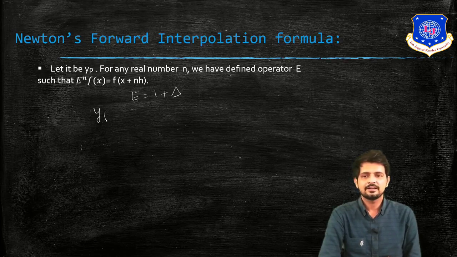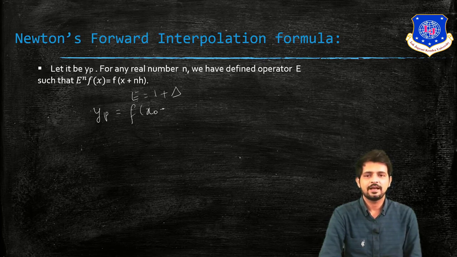See, we are interested in finding the value of yp. What is yp? yp is nothing but f of x0 plus ph. Now what is f of x0 plus ph? See, f of x0 plus ph can be written as E raised to p into f of x0. Why?